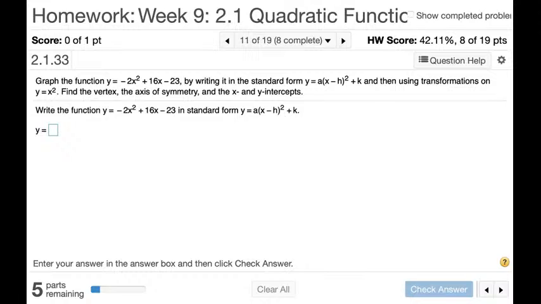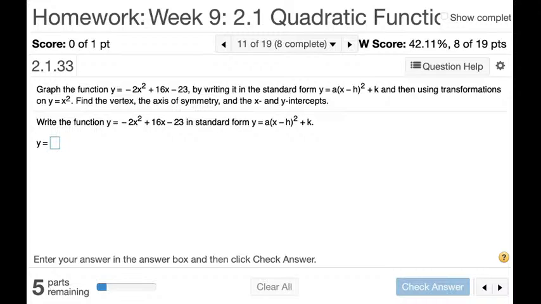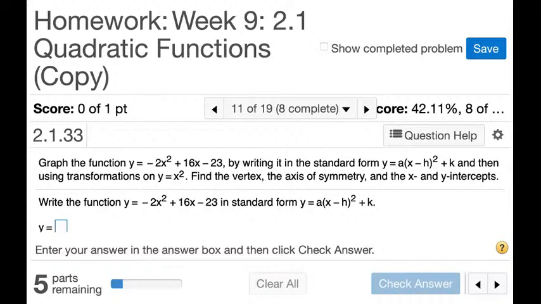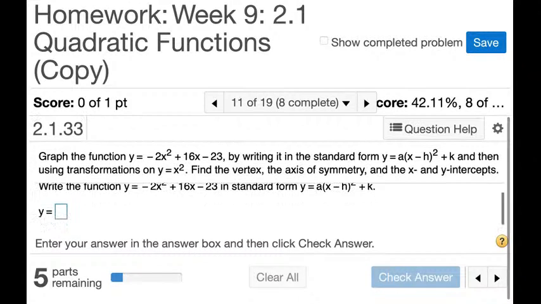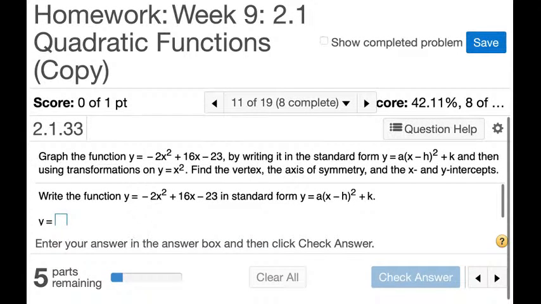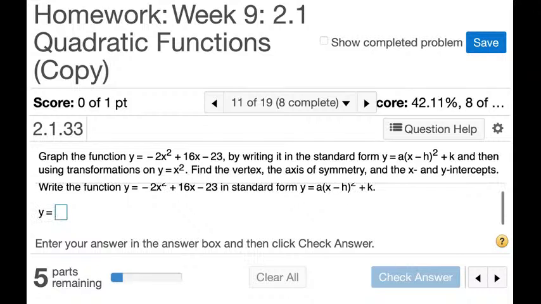So we're asked to graph this function by writing it in standard form and then using the transformations on this, and then find the vertex. Okay. Should I screenshot this? Let me see. If I go like this, that actually works for me. I can see that clear. Okay, let me get a copy of this. Yeah, that's good enough.